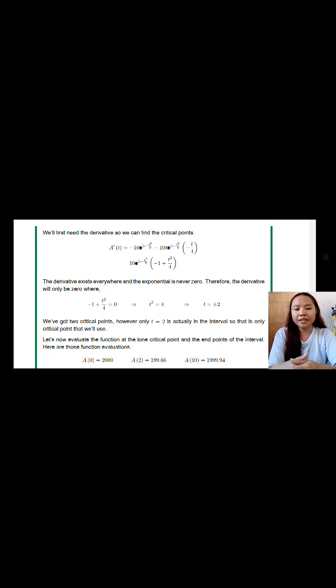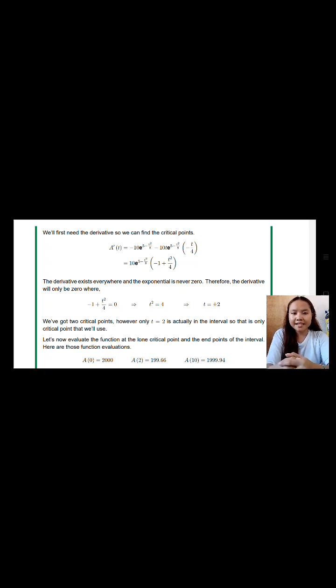The first derivative of A of t is equal to negative 10 e raised to 5 minus t squared over 8 minus 10 times t times e raised to 5 minus t squared over 8 times negative t over 4, which is equal to 10 times e raised to 5 minus t squared over 8 times negative 1 plus t squared over 4.